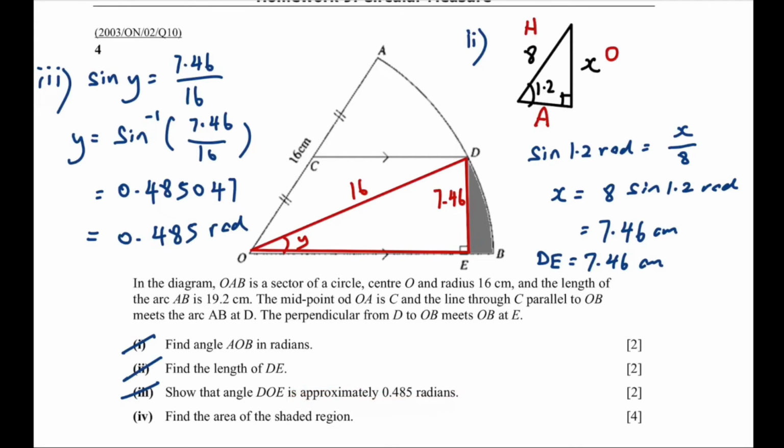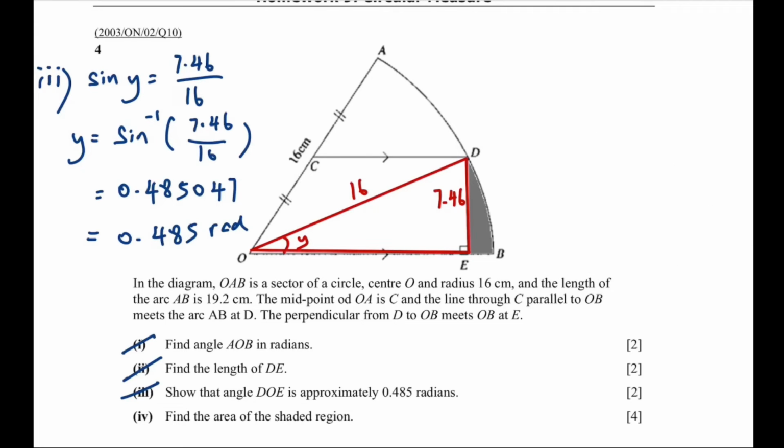Question 4. Find the area of the shaded region. Okay, I think we can still use the line here. If you want to find the area of the shaded region, we just have the area of sector minus the area of triangle. Okay, so what is the length just now? 7.46. Let's try area of sector first.